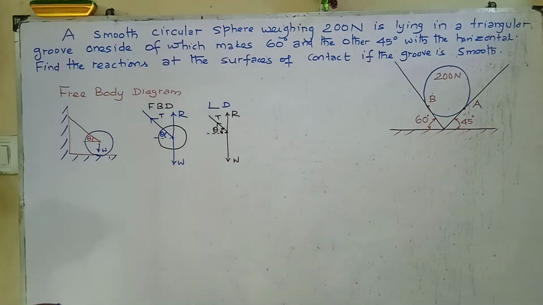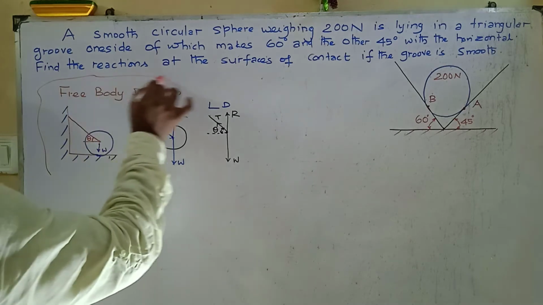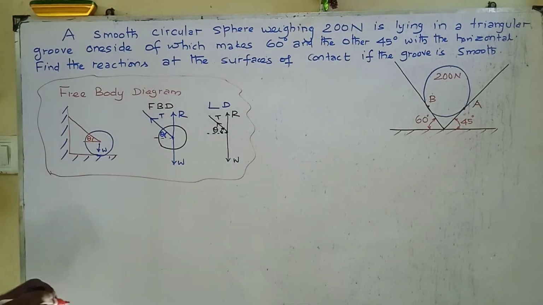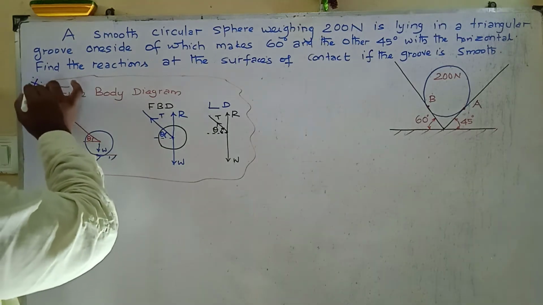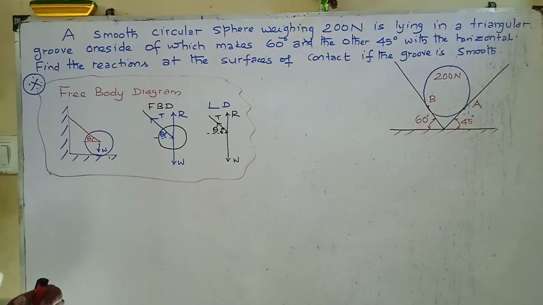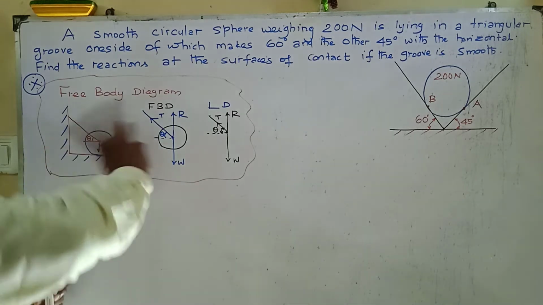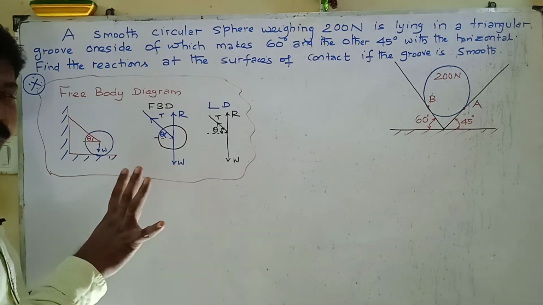This concept is very important throughout all the units in engineering mechanics. Free body diagram concept, very important. A particle or body isolated from the surrounding, representing all the forces acting on it.